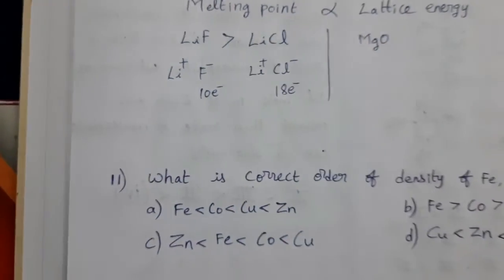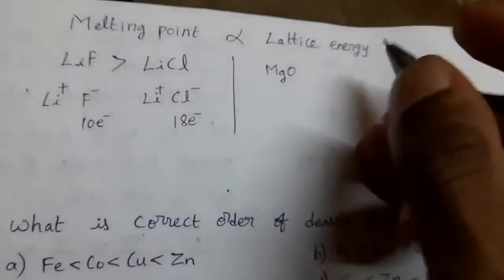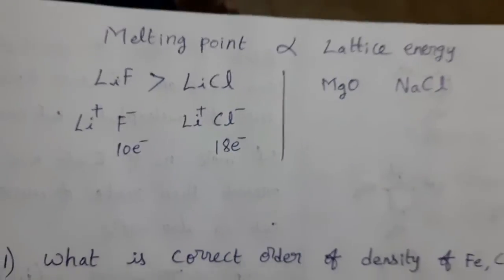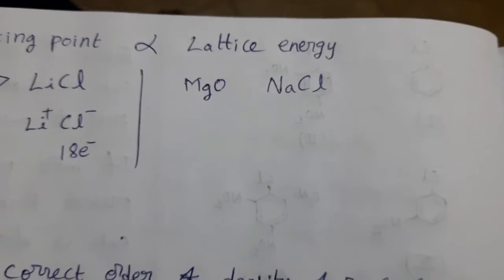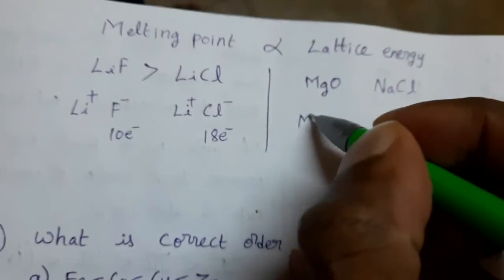MgO and another one is NaCl. See this, here different cations and different anions. What are the ions in this?